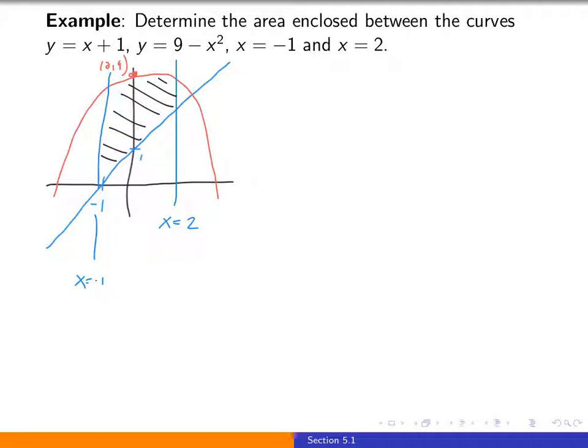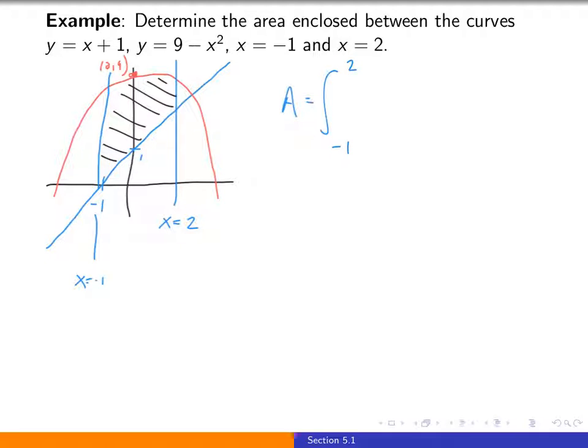And once again, as I've pointed out in previous videos, the pictures that we draw for a situation like this are purely to gain the intuition that we need. So your pictures do not have to be perfect, far from it, but hopefully they give you the intuition that you need to set this up. So the enclosed area is going to be the definite integral over how our x values vary. So we're going from x equals minus 1 over to x equals 2.